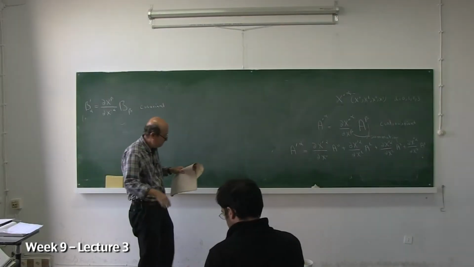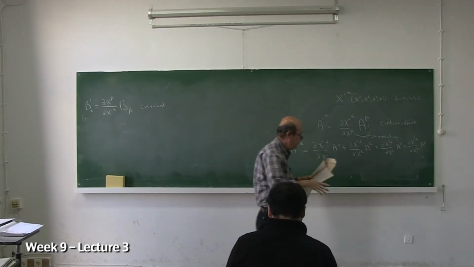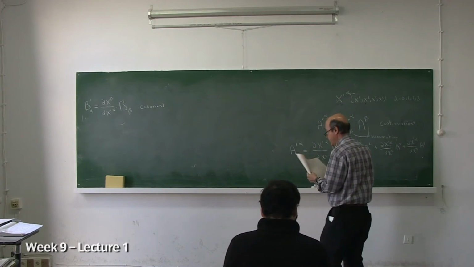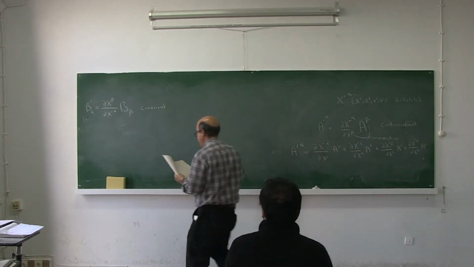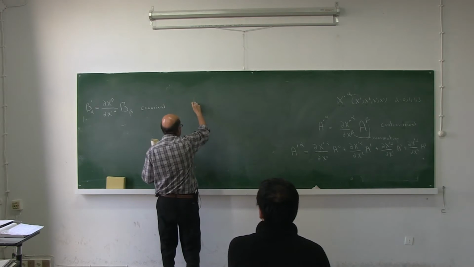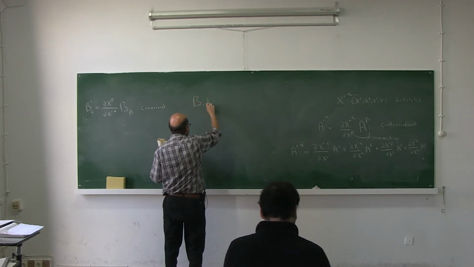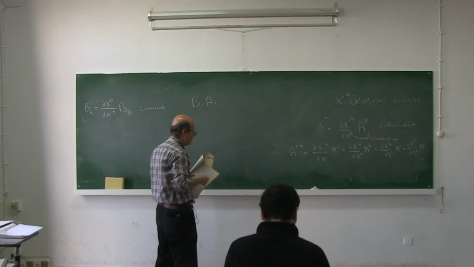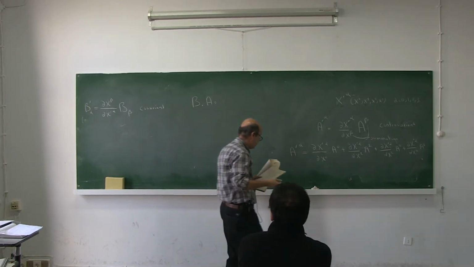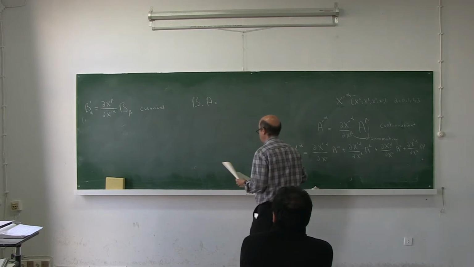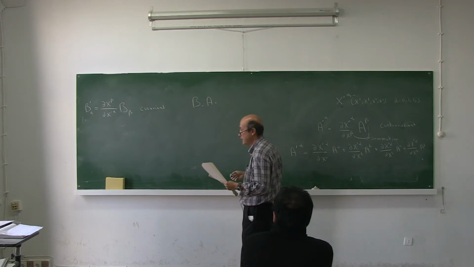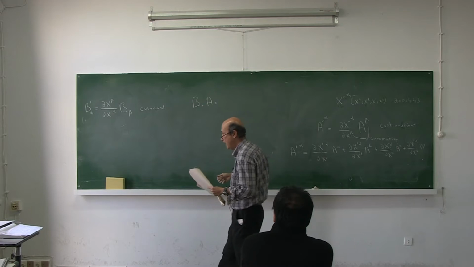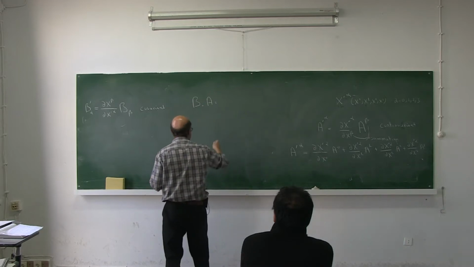Now, next thing, I will look at the scalar product in 4 dimensions. So we said that B dot A is the same in all inertial frames. Now we have the tool, so how can I write this in terms of the Einstein summation rule?